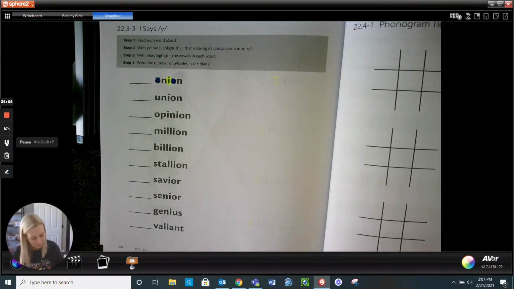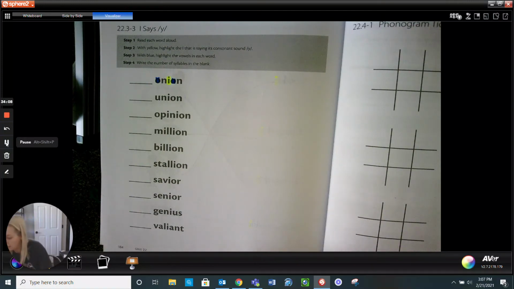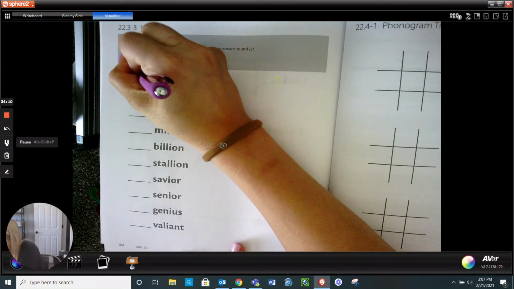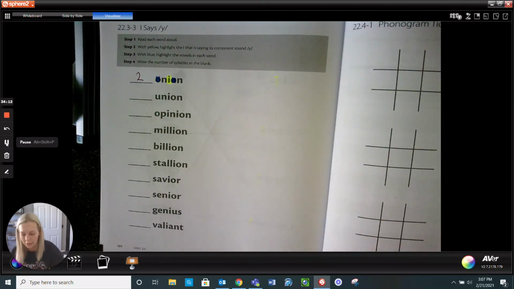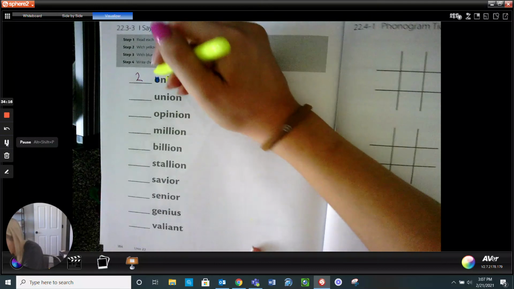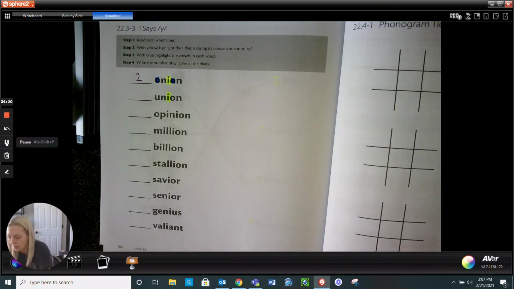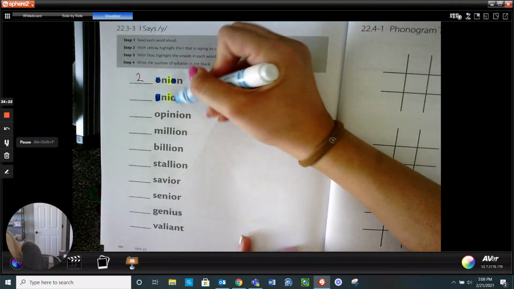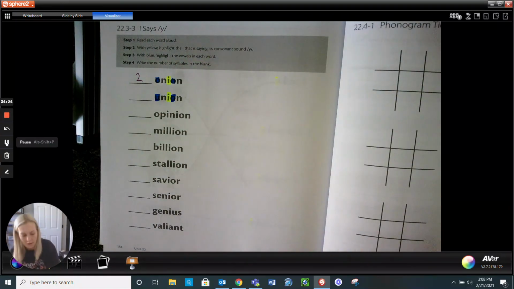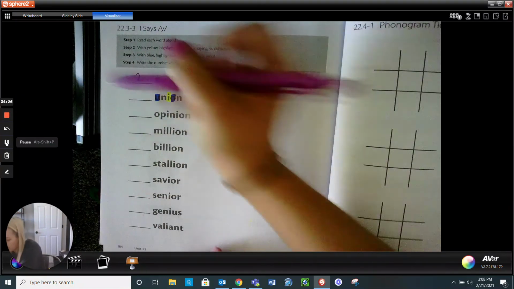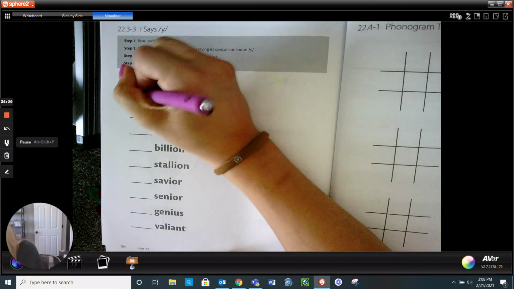All right, and then write the number of syllables in the blank. Onion. All right, next one, union. Highlight the I saying the Y sound. Highlight the vowels and write the syllables. Union.